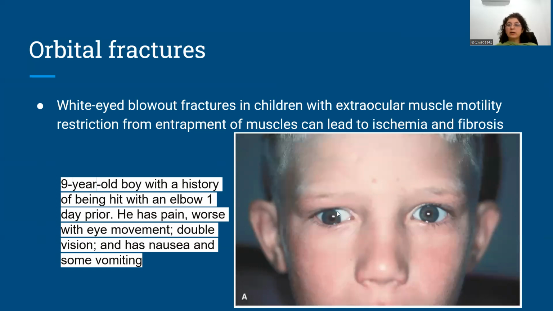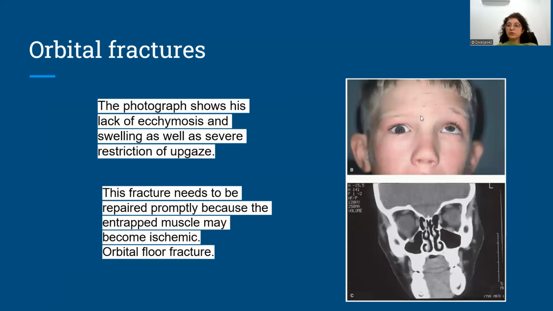And these are WEBOFs, or white-eyed blowout fractures. A lot of times these occur in children where there may be limitation of extraocular motility. This occurs because of entrapment of muscles, which, if not treated, can lead to ischemia and fibrosis and lifelong consequences. This is the same child who has been asked to look up.